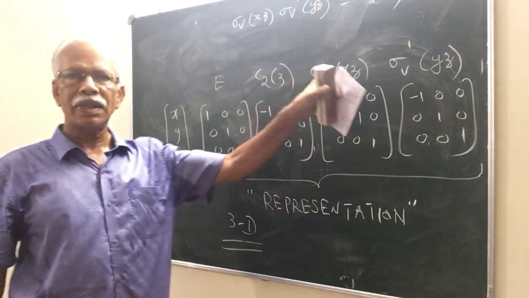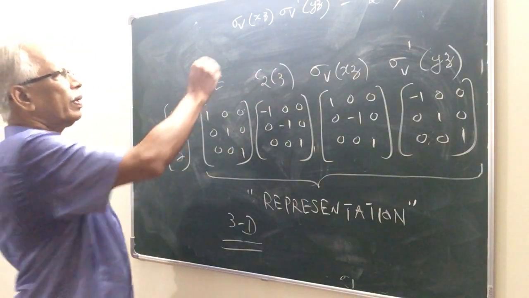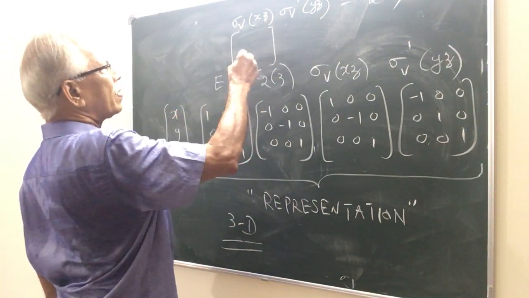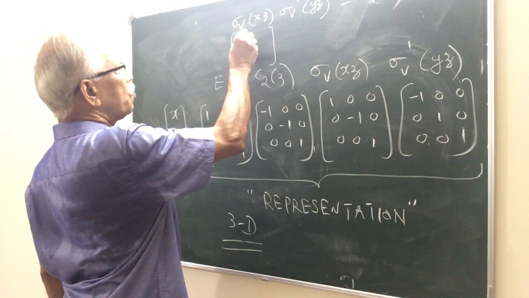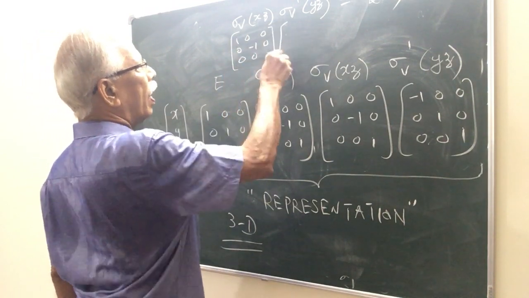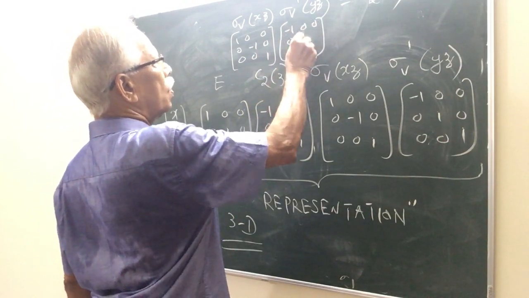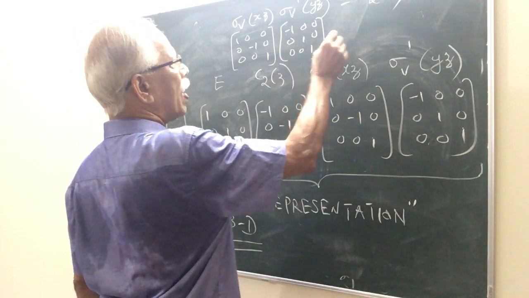Let us see how the matrices representing these operations behave. Sigma V XZ is 1 0 0, 0 minus 1 0, 0 0 1 and sigma V dash YZ is minus 1 0 0, 0 1 0, 0 0 1.